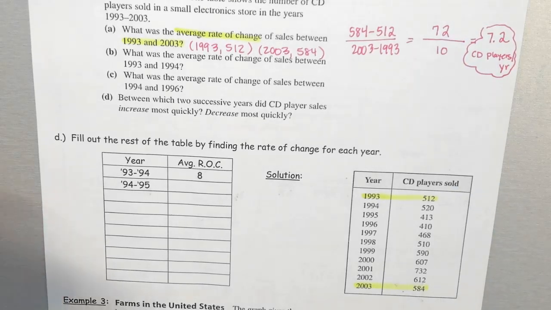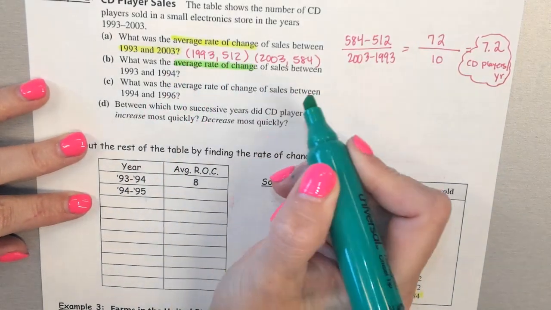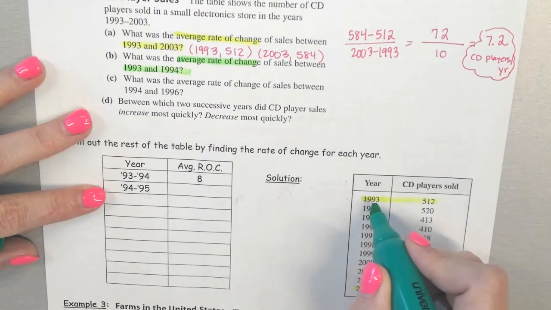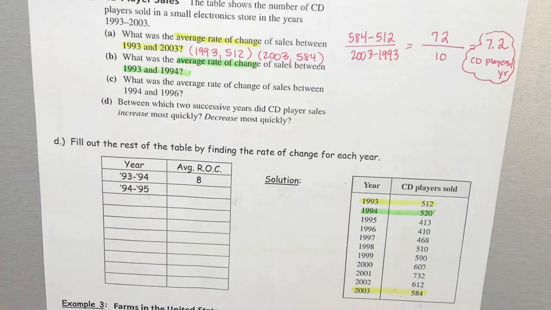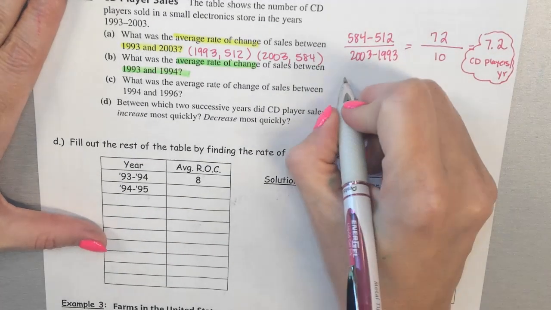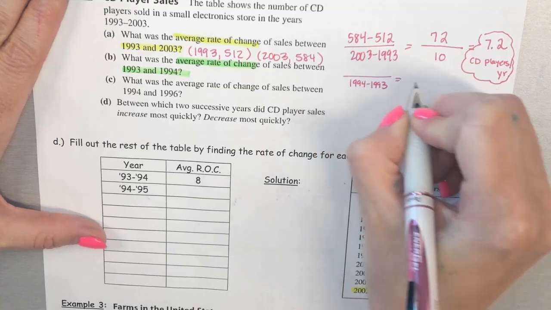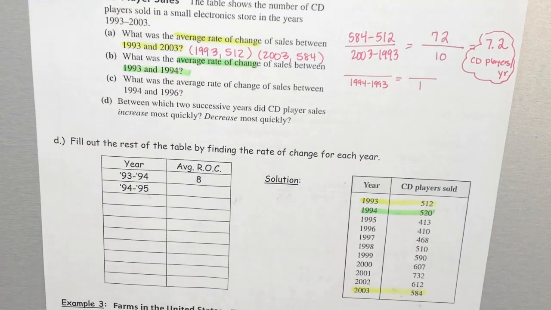All right, and then for this one, we're going to do the average rate of change between 93 and 94. So we have 1993, here we have 1994. And we know on the bottom, there's just 1 year difference, right? So when we subtract that, we'll just have 1 in the denominator.